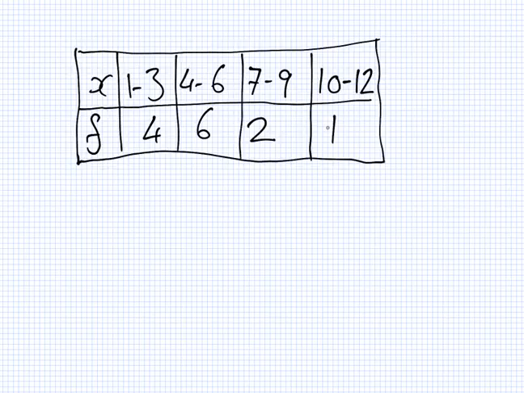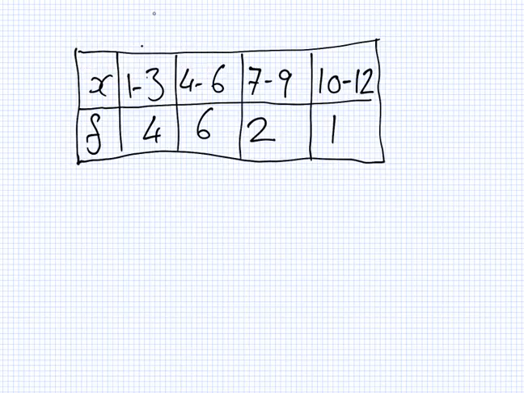Numbers from 1 to 3. But in my formula, I can't use numbers from 1 to 3. I have to put in a number. So it's not 1, it's not 2, it's not 3. It's somewhere between 1 and 3.